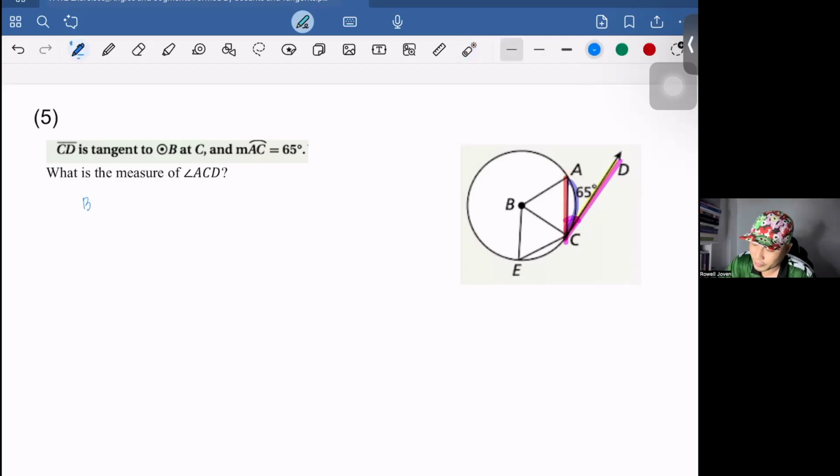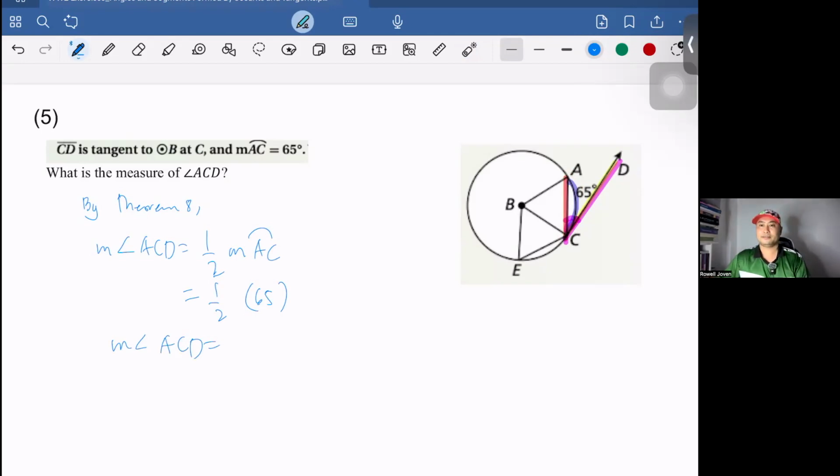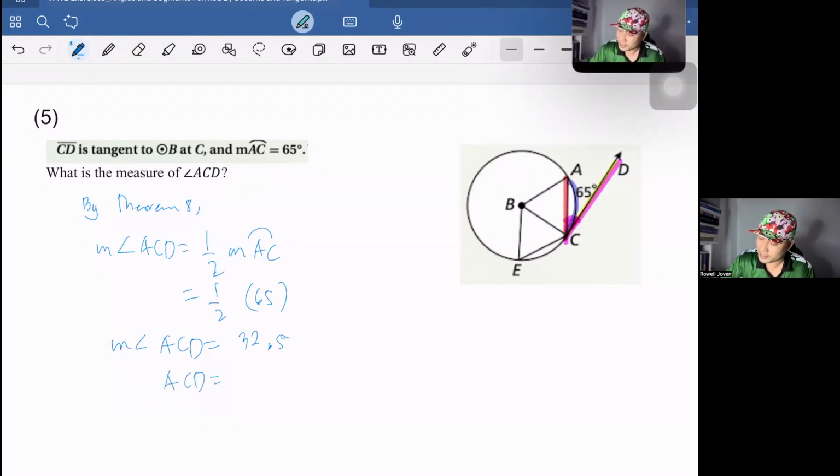So let's now write here formally by theorem 8, measure of angle ACD is just 1/2 the measure of arc AC. Correct? So 1/2 of 65 degrees. Measure of ACD is 32.5 degrees.